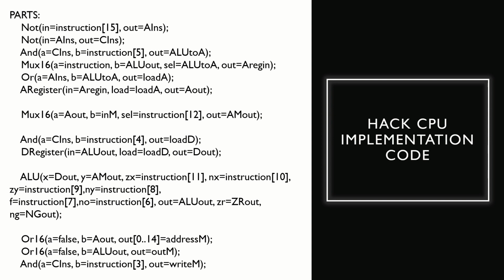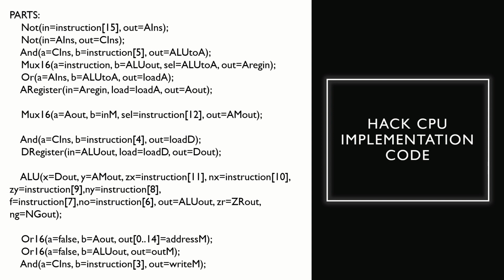Then a mux16 decides what is to be stored in the A register using the output of the AND gate. An OR gate is then used to set the load of the A register, which will be 1 if any one of the A instruction or the C instruction have to be executed.